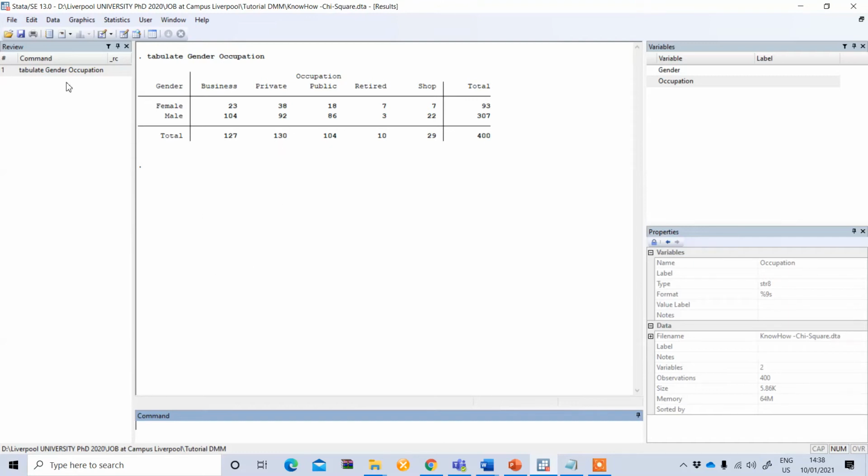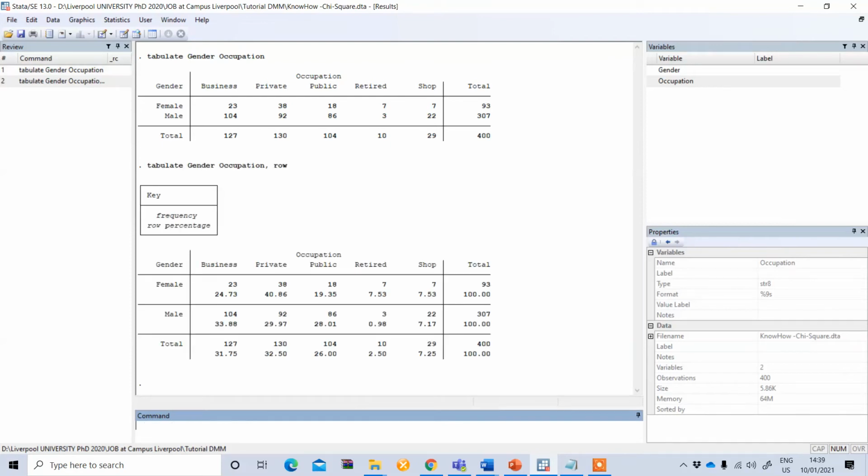However, you can generate the percentage of this frequency, and it can be done row wise or column wise. To do this, you need to type tabulate and then your variables and a comma. If you would like to show the frequency percentage according to the row, you just type row and press enter.